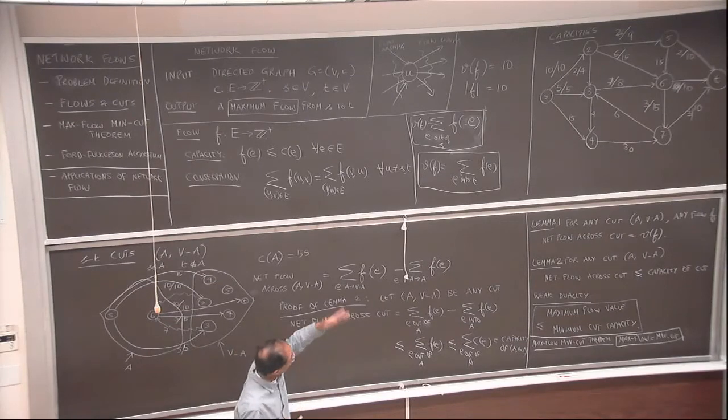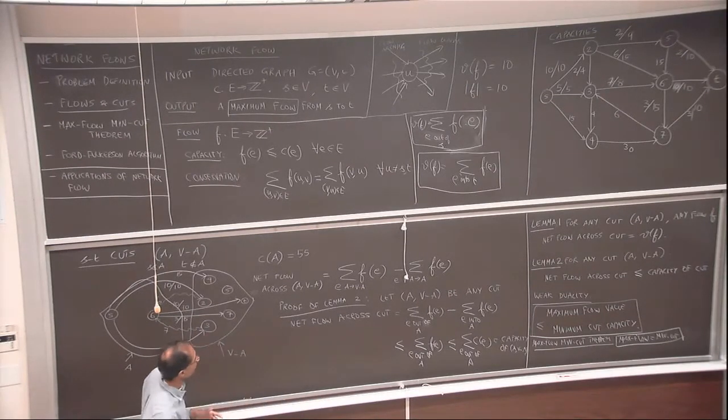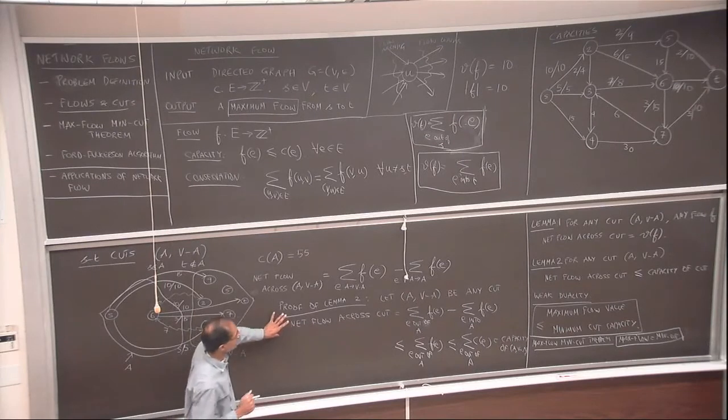In terms of our algorithm, we won't necessarily think of this as starting from S and going to T. We can go both ways. Whenever there's an algorithm going one way, you can think of an algorithm going the other way. Okay, so we already proved lemma 2.